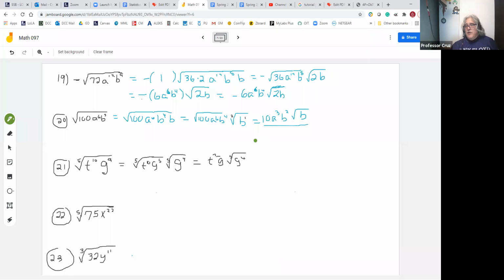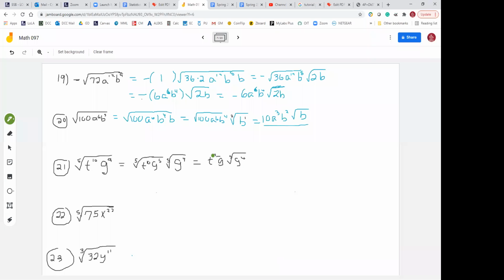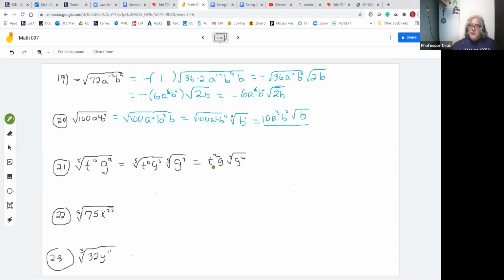So does this one look good? Yeah, that one's good. That's supposed to be a square there. T squared G. Five into 22 goes 4 times.